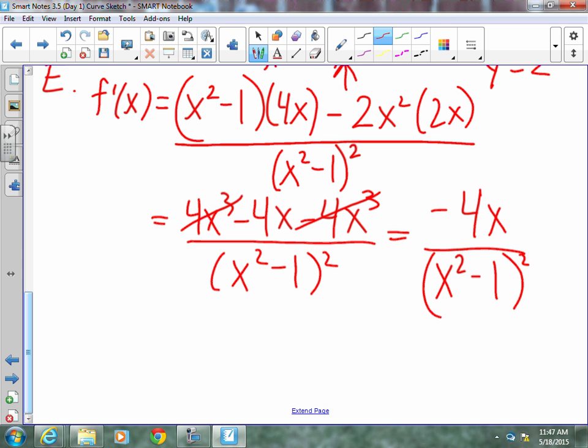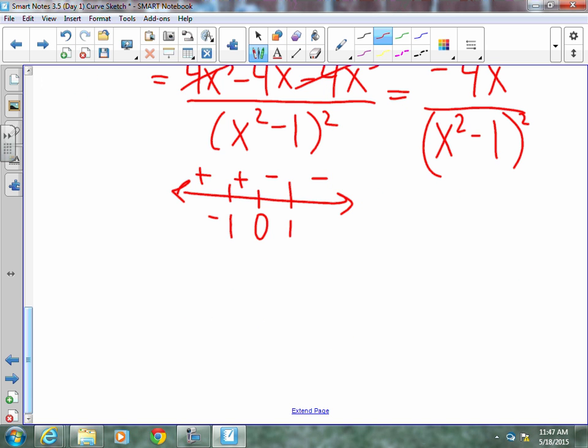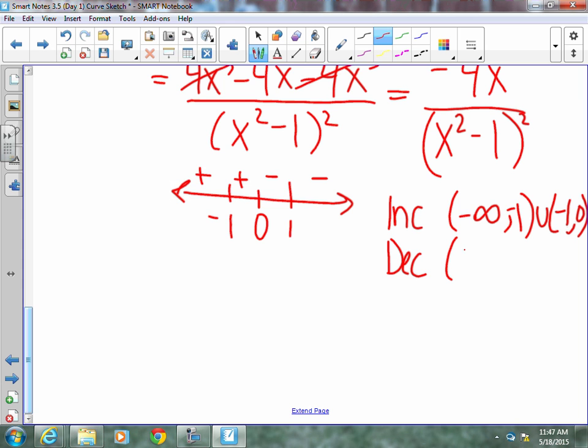Now on our number line, we know weird things happen at negative 1 and 1, so we need to check between them, and at 0. I'm not going to go through all the work, but I'm just going to tell you we get positive, positive, negative, negative. So we know that it's increasing from negative infinity to negative 1, and negative 1 to 0, and decreasing from 0 to 1 and 1 to infinity. So keep those in mind as we sketch.